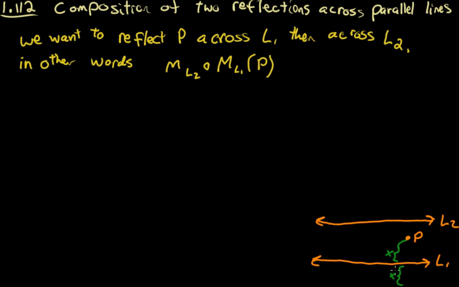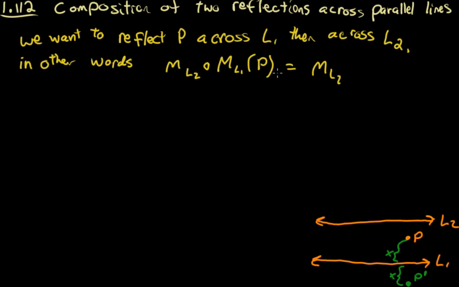So we're going to have it a distance of x, and that will be P prime. So that is equal to M of L sub 2, and that's of this P prime point right here.